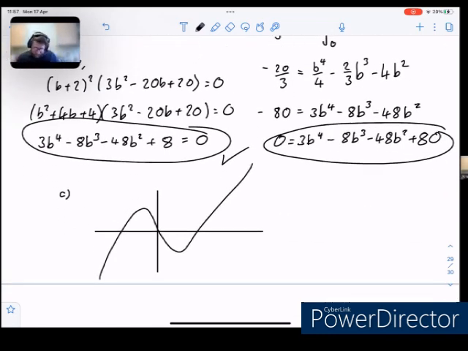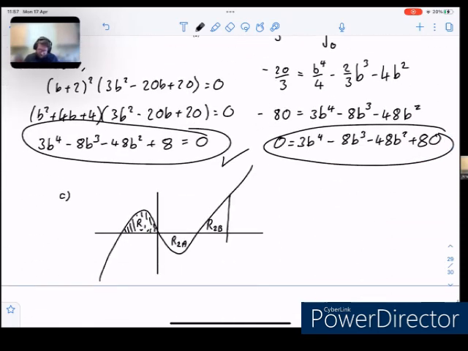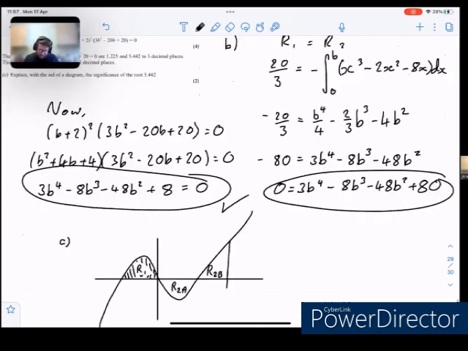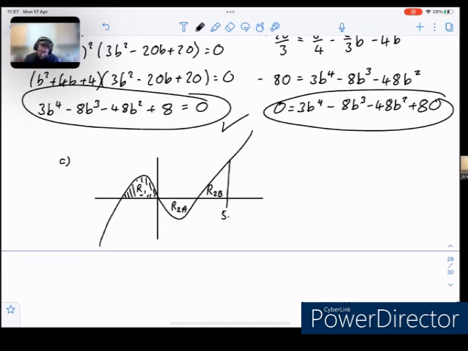So the significance of the other value, so we've got, this is R1. And I'm going to call this R2A and R2B. And this point here is the root 5.442.